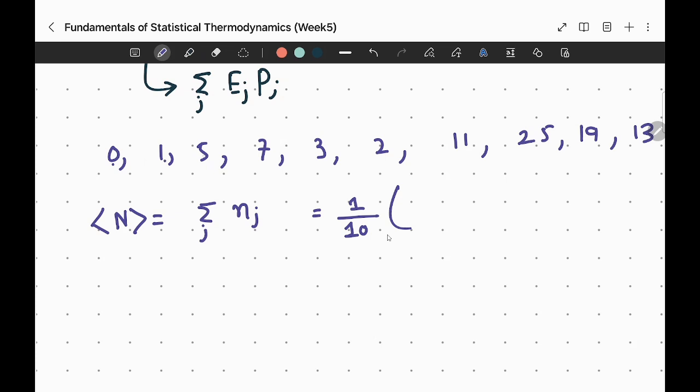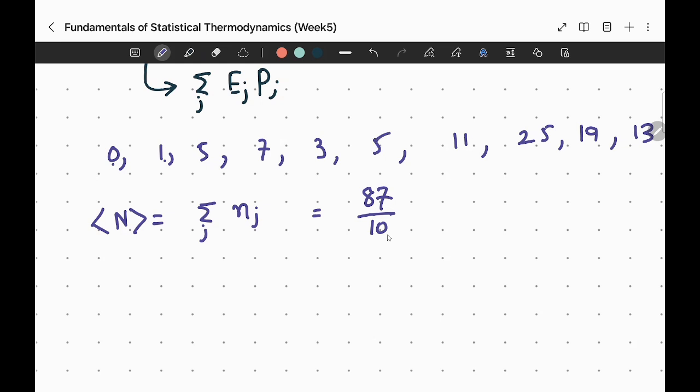So it will be 0 plus 1 plus 5, 6, 13, 30, 55, 74, 80, 7 by 10. Okay, let us give a round figure.